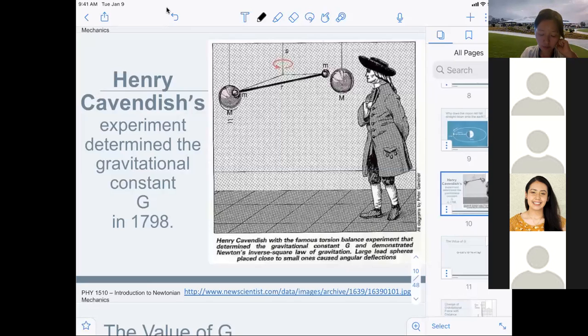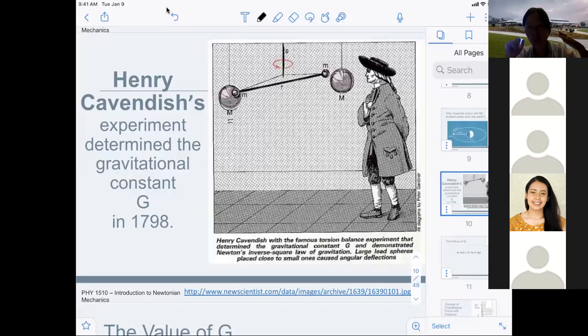And here you have this cable, a very nicely accurate string, so that even though the attraction is so small, there's still a little twist to this cable.